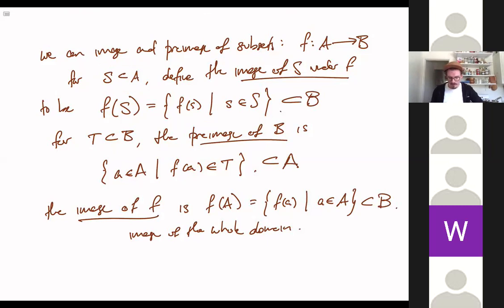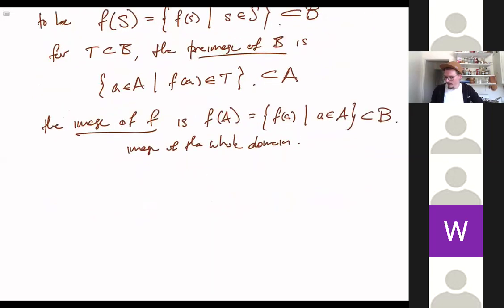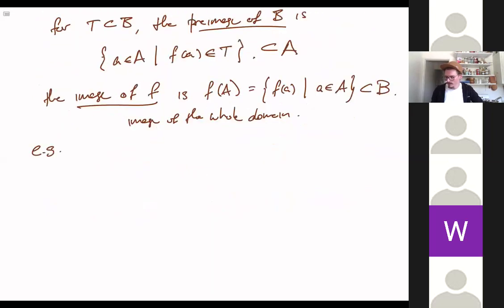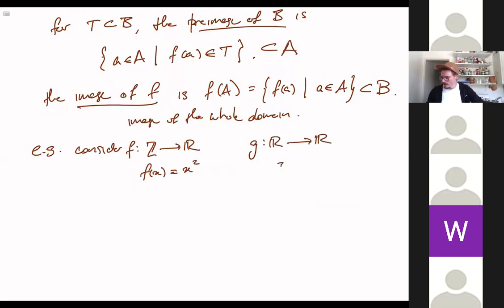So let's take some examples of these. So consider a function from the integers to the real numbers given by f of x equals x squared, and another function, which I will call g, this time the real numbers to the real numbers, defined by g of x equals x squared.